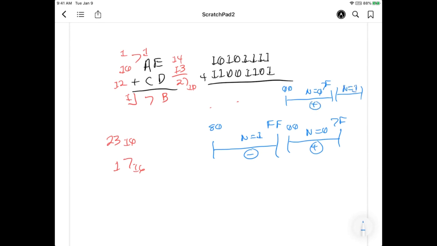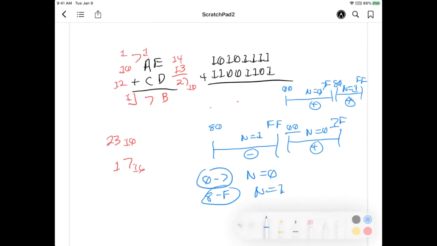This one, N equals 1, and they're still positive from 80 to FF. So these have two different meanings. If any number from 0 to 7 as a hex digit, N is 0, as you can see here. Any number from 8 to F, N is 1.